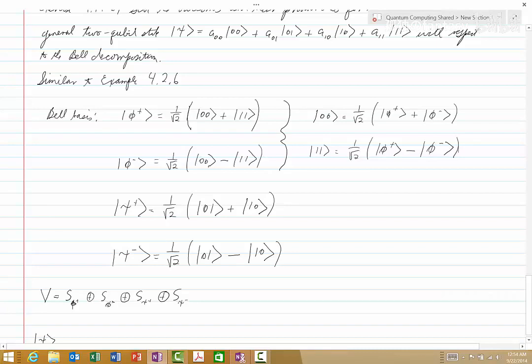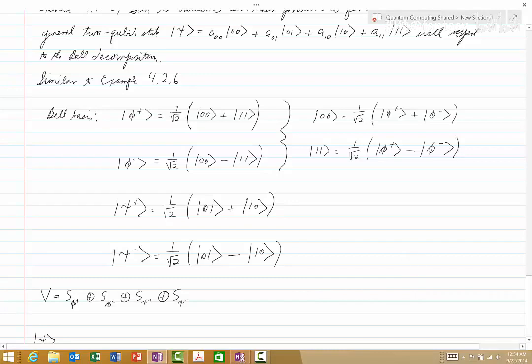So this plus this is equal to the square root of 2 times 0, 0. And if we multiply each side of that equation by 1 over square root of 2, then we get this. And similarly, if we subtract phi minus from phi plus, we would get 1, 1, and we'll get this equation.